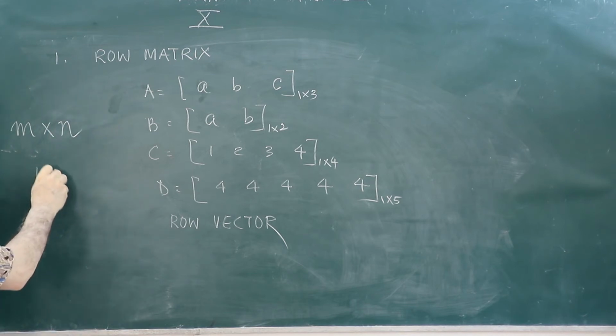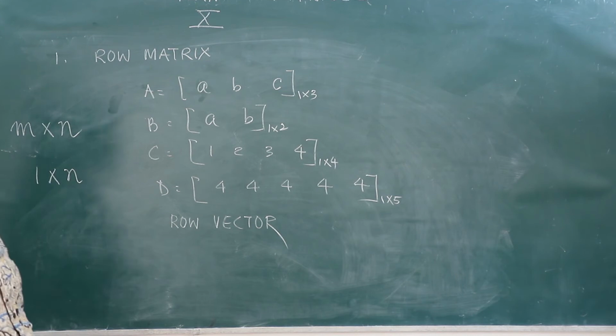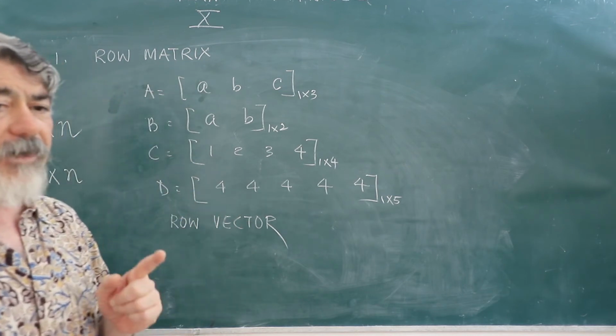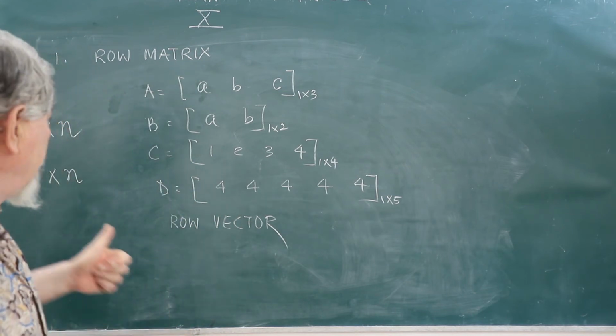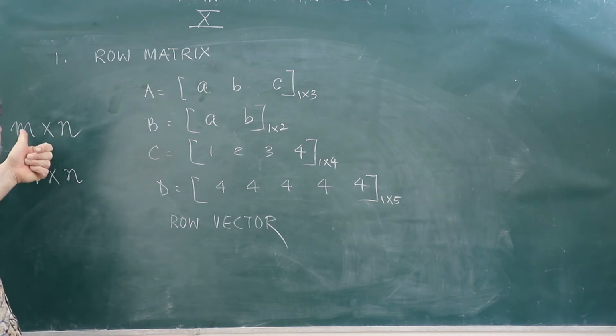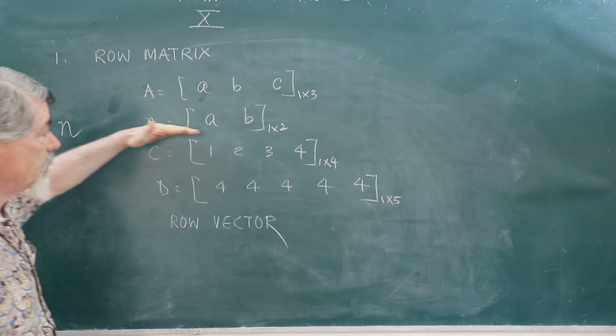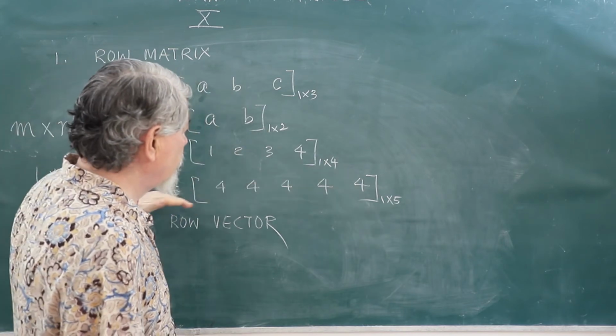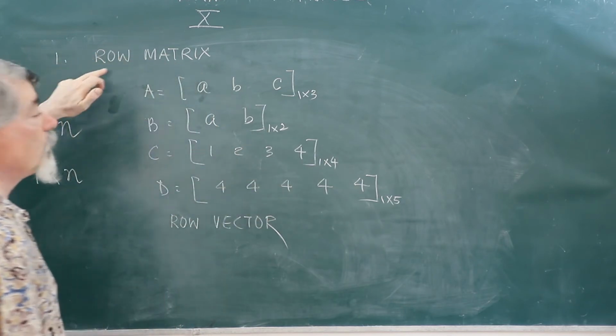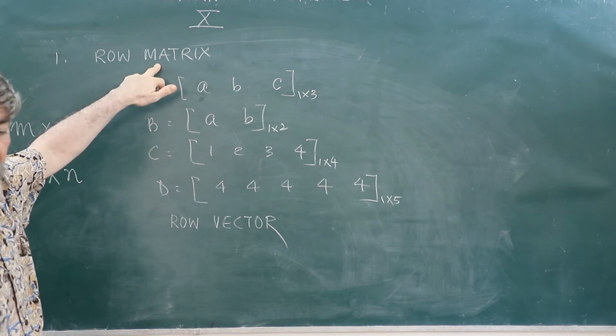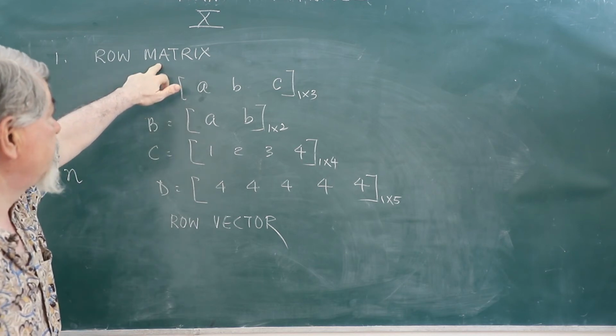Then it will always be 1 by n. n can take any value, but m will always be 1. The number of rows will be 1. This is called a row matrix.